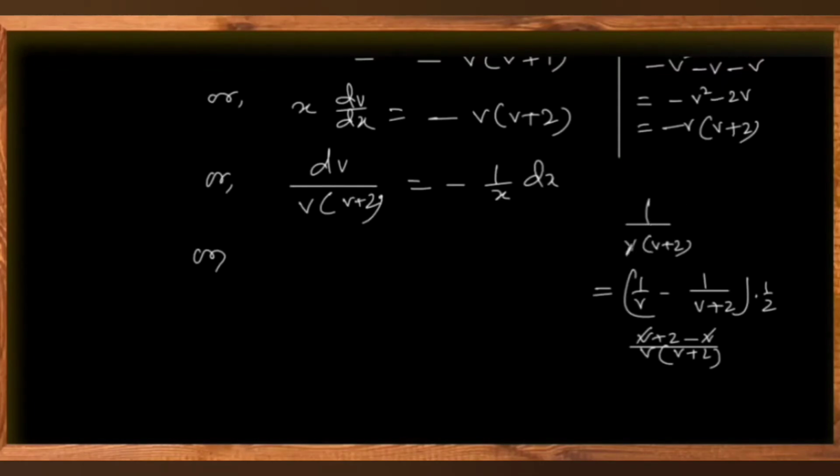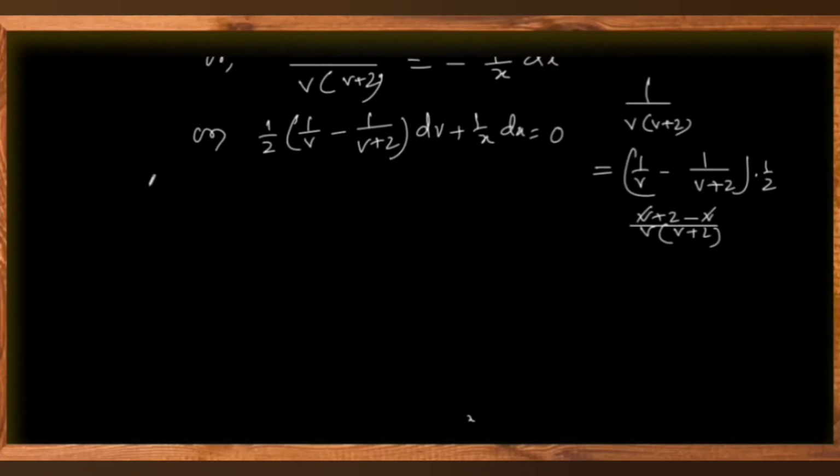But we have 1 upon v times (v plus 2), so we have to multiply by half. So this can be written as half times (1 upon v minus 1 upon (v plus 2)) dv plus 1 upon x dx equals 0.